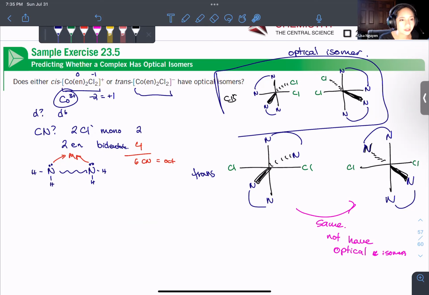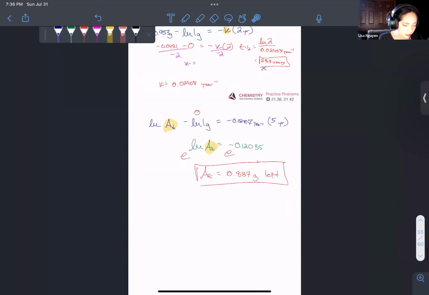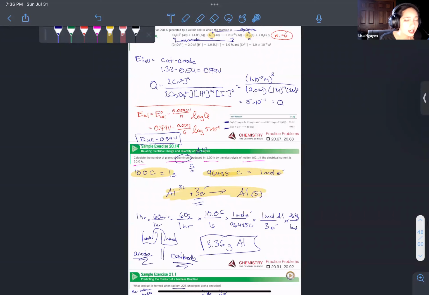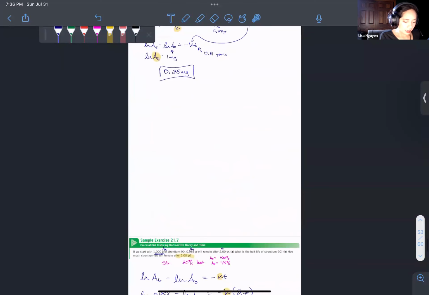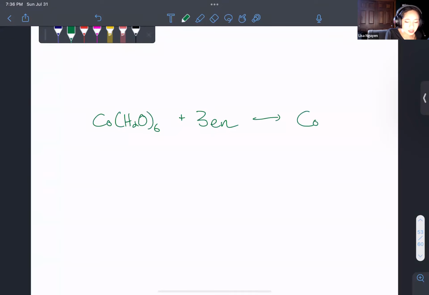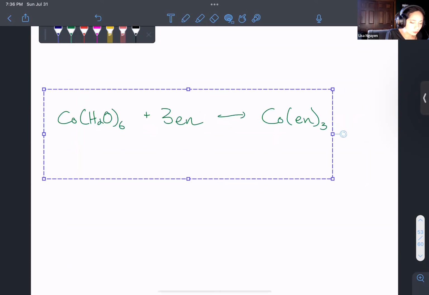Explain the chelate effect. It explains why when we take a metal, like a cobalt something, and we add 3 ethylene diamines, this substance forms really readily.